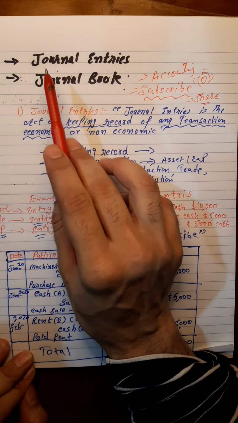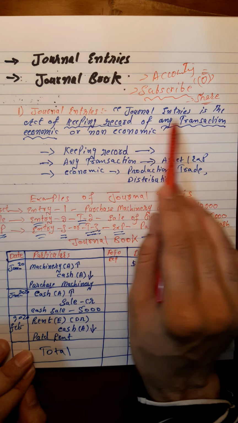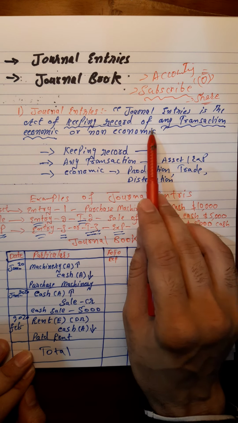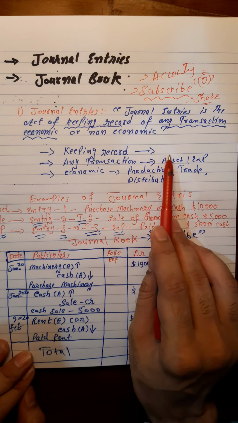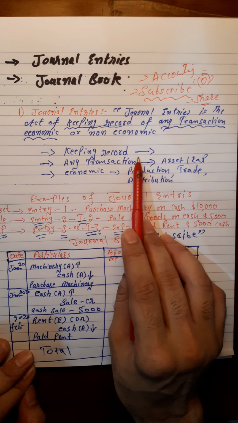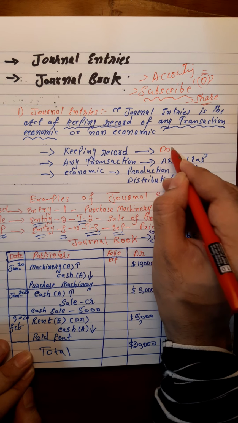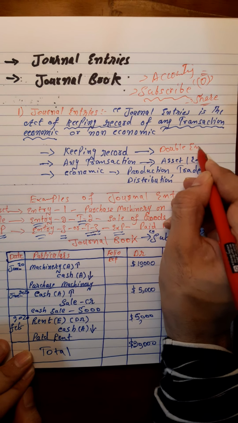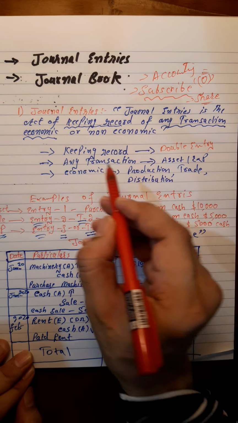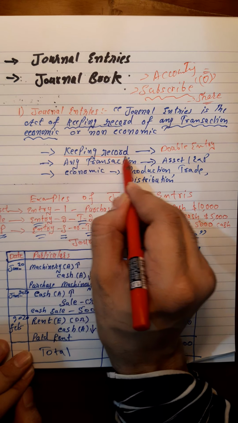Okay, journal entries. Journal entry is the act of keeping a record of any transaction, economic and non-economic. Keeping a record means we keep the record like in the double entry system.